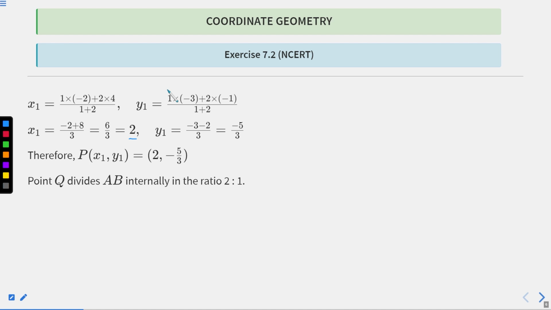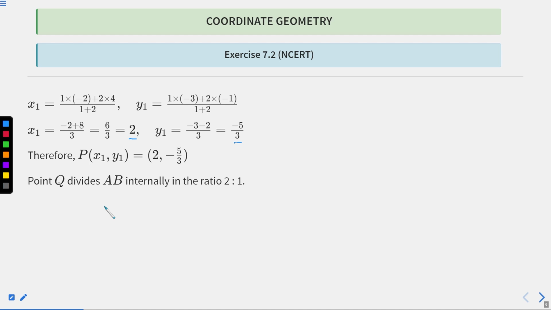If we calculate it, we get minus 5 by 3. So y1 is equal to minus 5 by 3. Therefore, the coordinates of P are 2 comma minus 5 by 3.